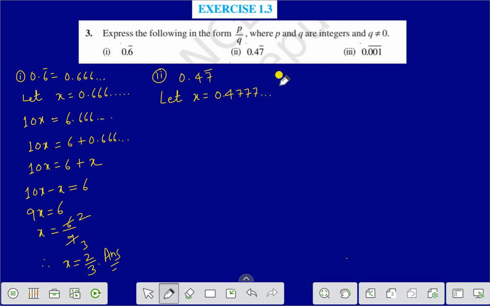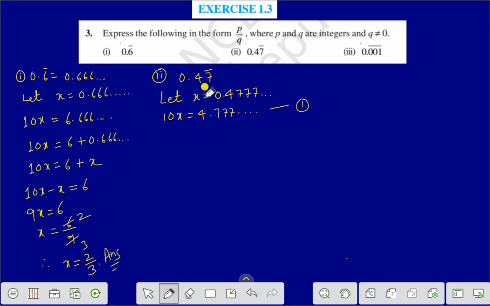Now if you multiply with 10 on both sides, then we are getting 10x is equal to 4.777 dot dot dot. Take this as equation 1.